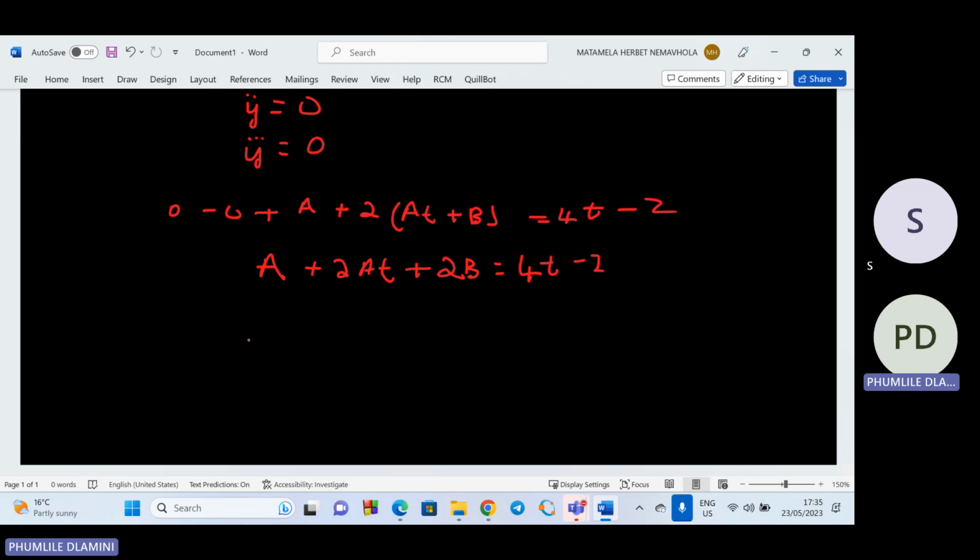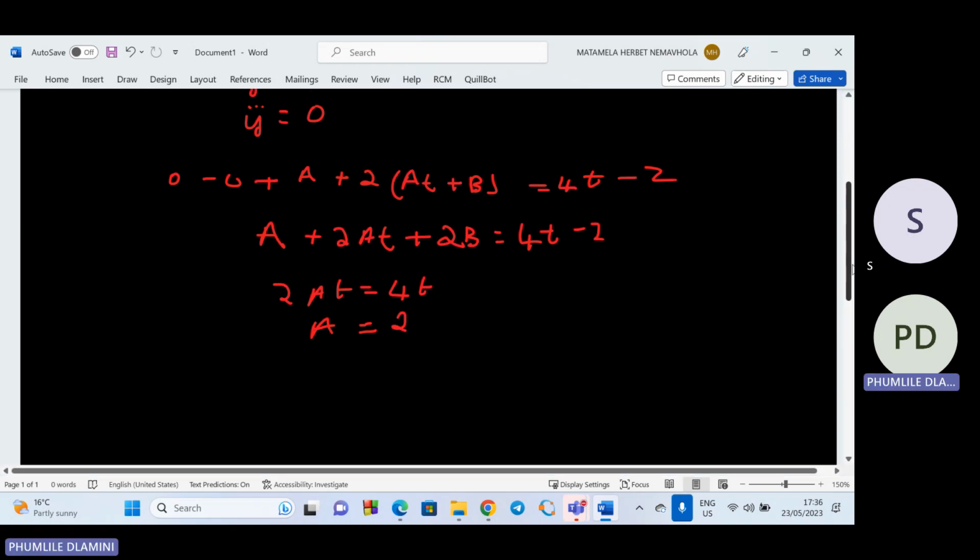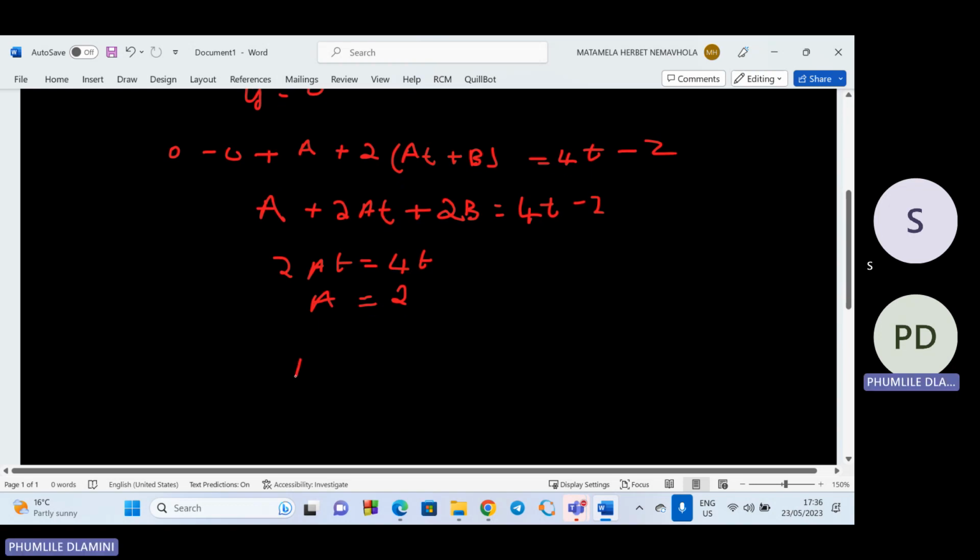So now if you check, we're going to have the equation says 2at equals 4t. Then we divide by 2t. Because we divided by 2t, our a is going to be equal to 2. Then we also have another equation which says a plus 2b equals minus 2.